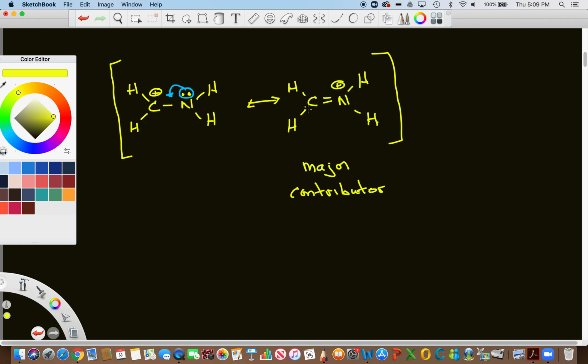The reason is that carbon here has 8 electrons around it, and so does nitrogen. If we go over to this molecule, this carbon only had 6 electrons around it. Nitrogen still had 8. So this is our major contributor. This is the most likely structure. But both of them work together.